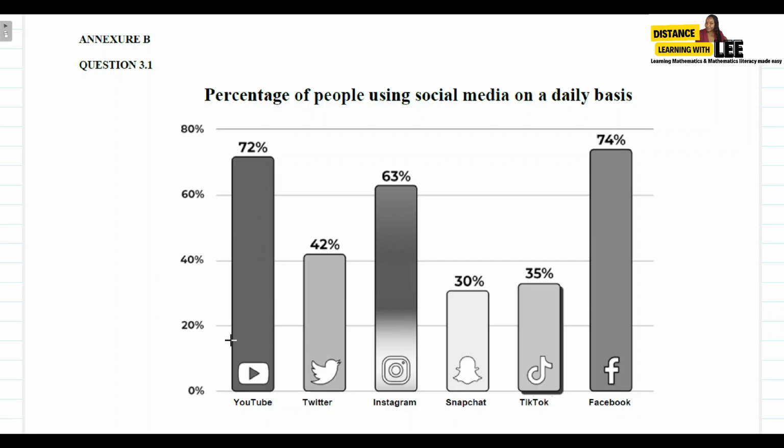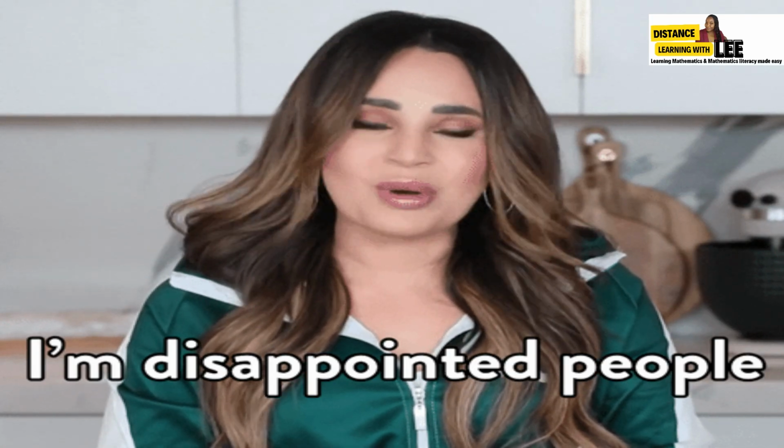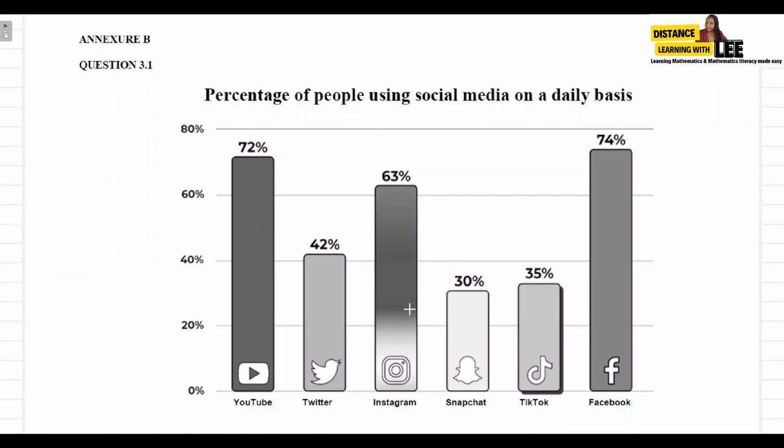The platform that the least amount of people use is Snapchat. I'm guessing if you're still using Snapchat in this day and age, I don't know, but I don't use Snapchat.